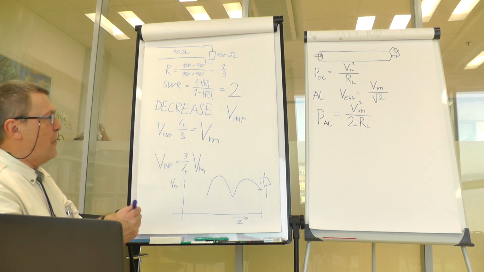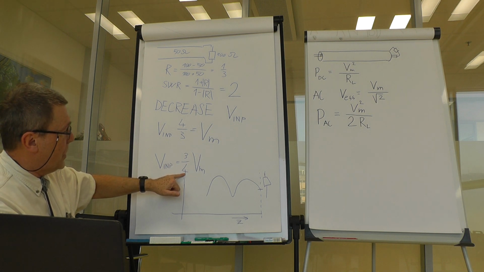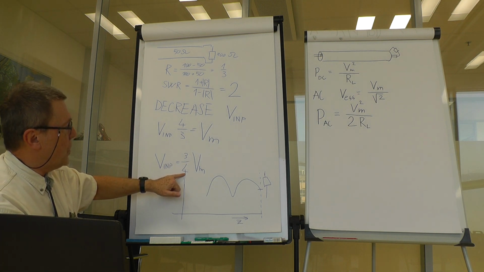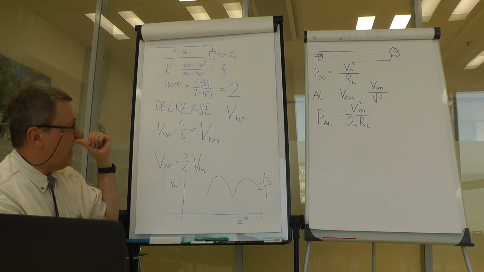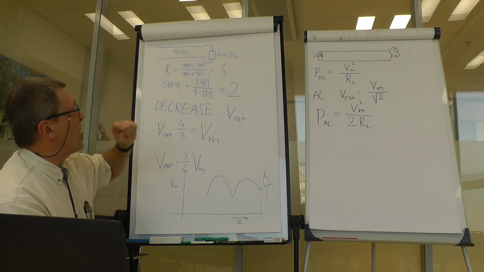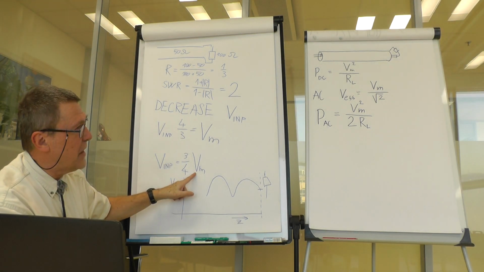So if we have the voltage going there at this level of the original maximum voltage, we would also have the wave carrying back the power, and that would be the reflection coefficient times this voltage.